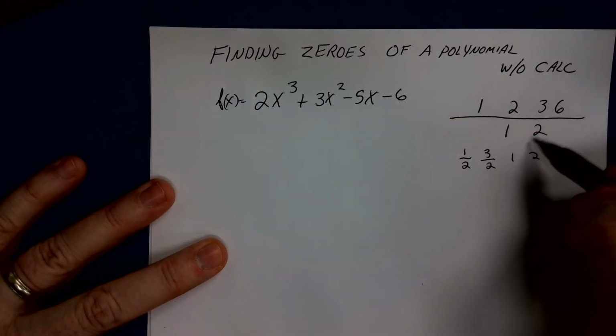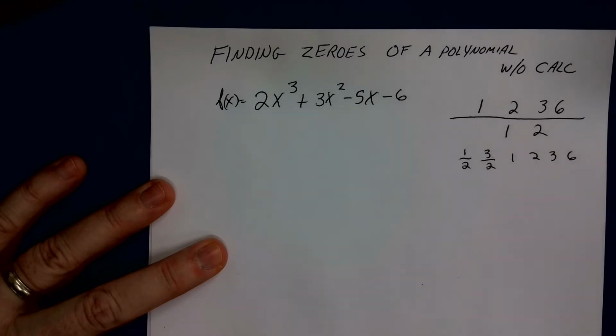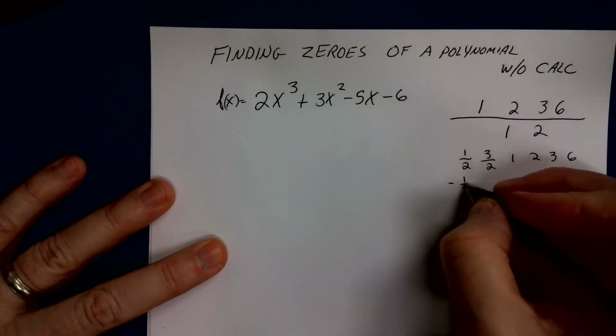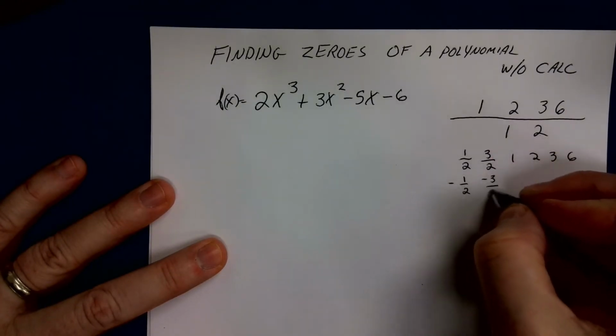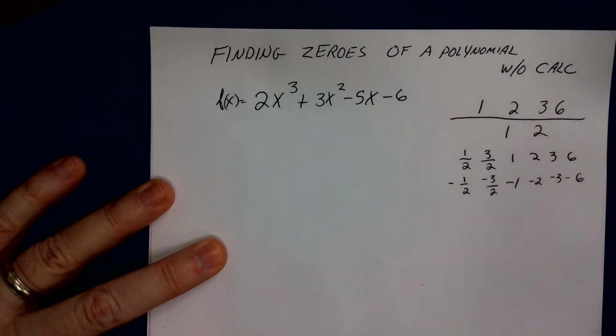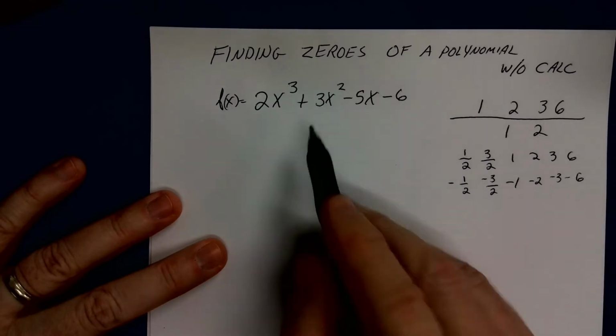I don't need to worry about 6/2 because 6/2 is 3. And I don't have to worry about 2/2 because 2/2 is, of course, 1. So these are all my possibilities. So I have those, and I have the negatives of all of these too: -1, -2, -3, -6. So I have 12 different possible rational zeros for this expression.